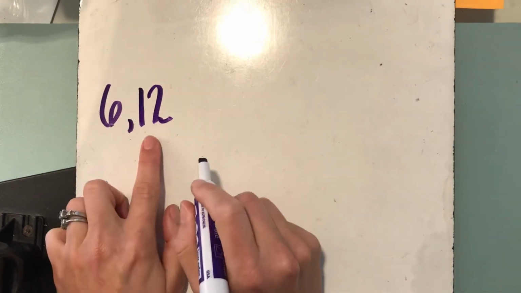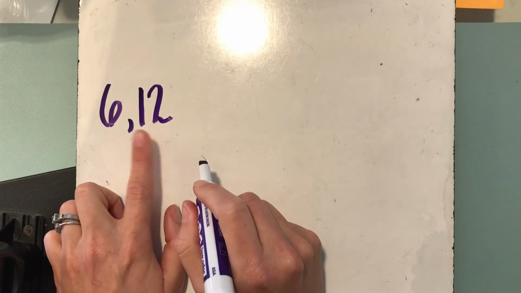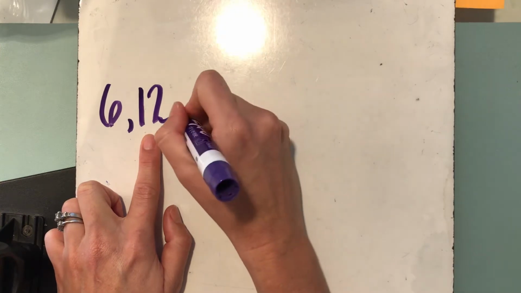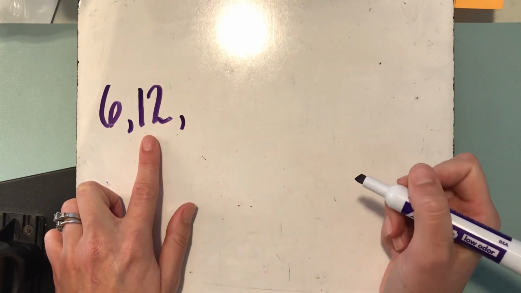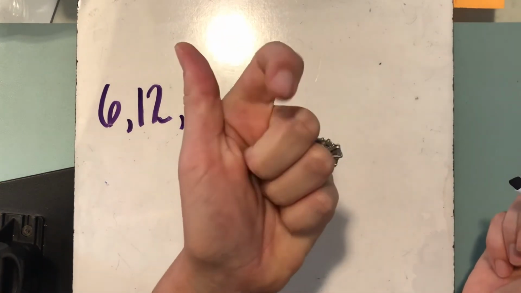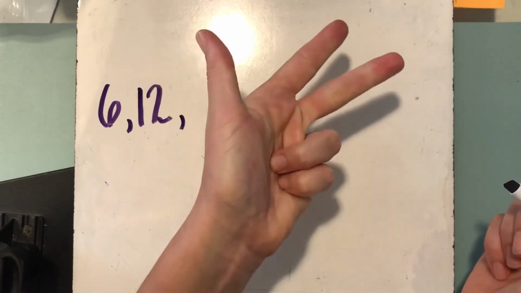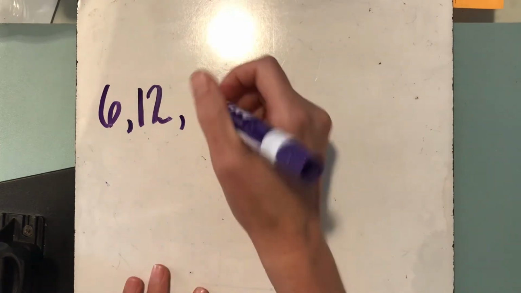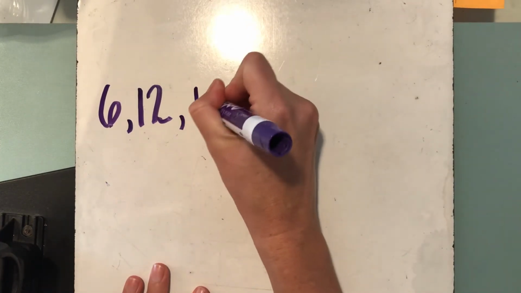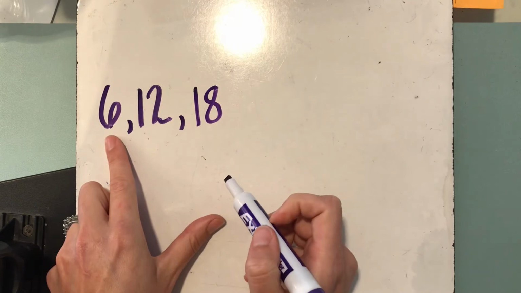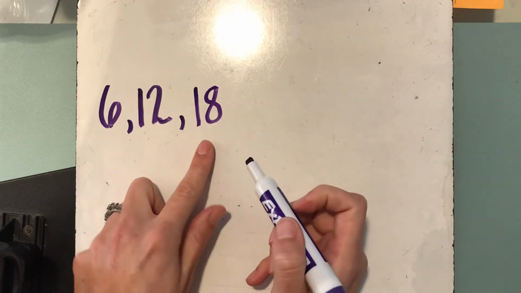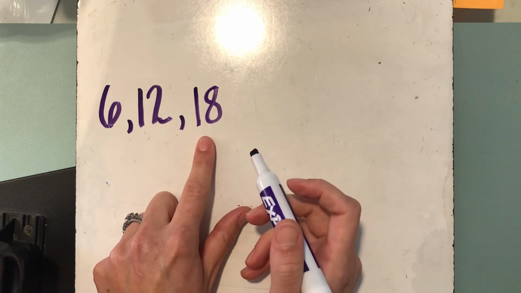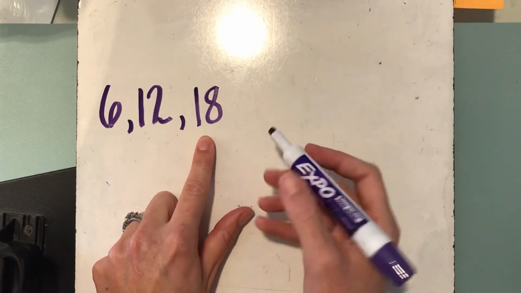Okay, and that represents 2 times 6, because I've skip counted 2 times so far by 6. Now what's next? Well, 13, do it with me, 14, 15, 16, 17, 18. Oh, okay. So next is 18. How many times have I skip counted? 1, 2, 3. So this one represents 3 times 6 equals 18.